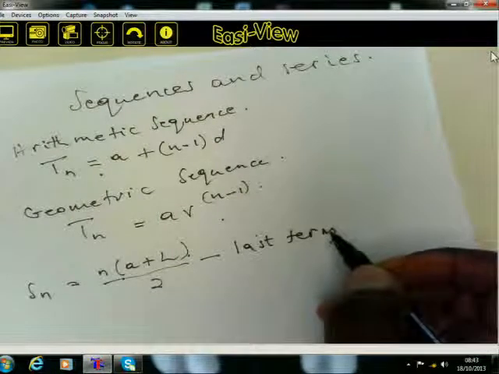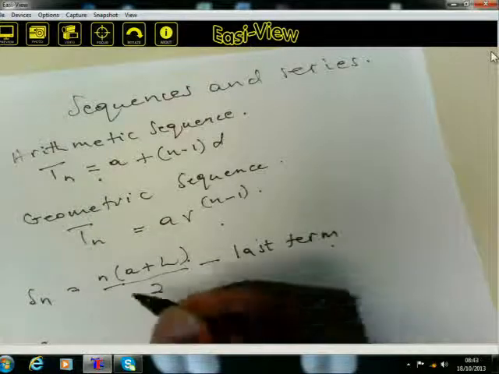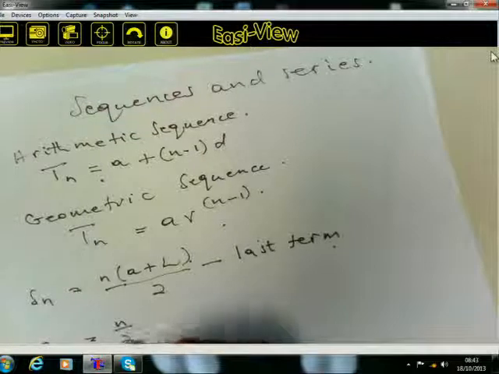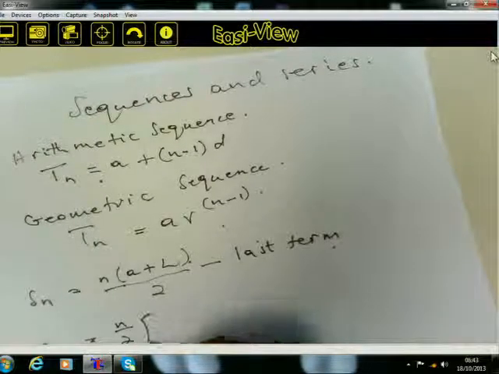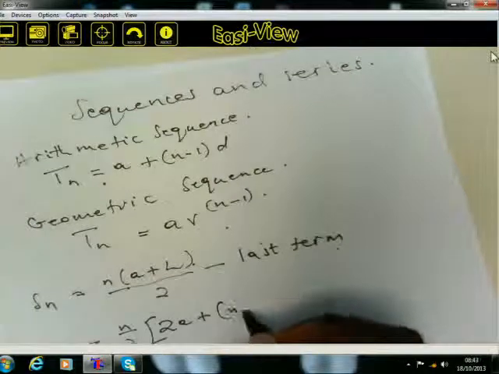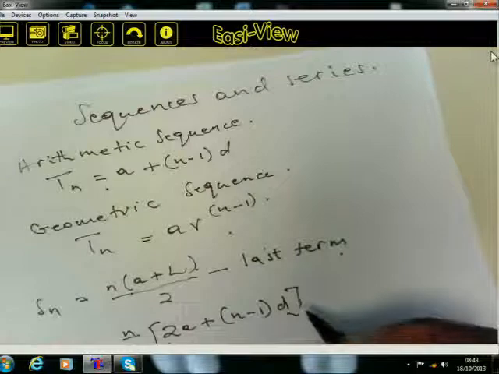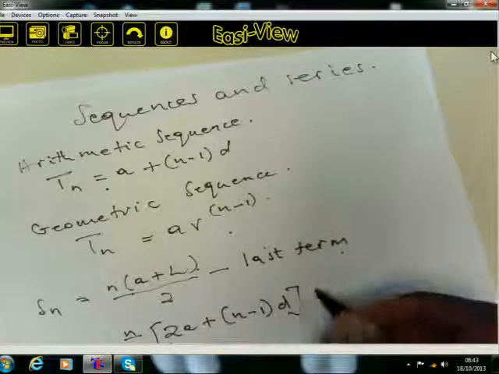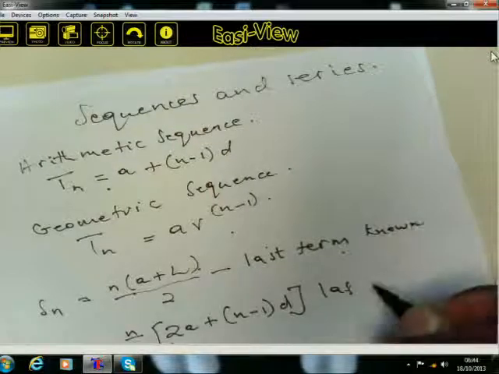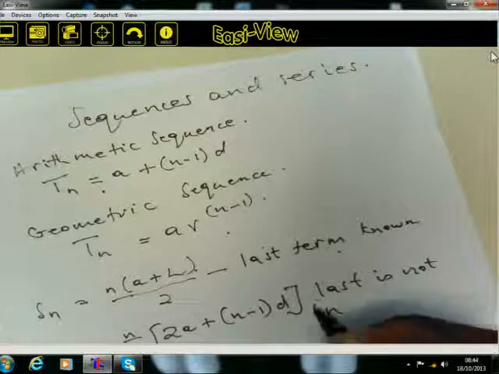And then Sn for something arithmetic also is equals to n over 2 into twice A plus n minus 1 D, when the last term is not known.